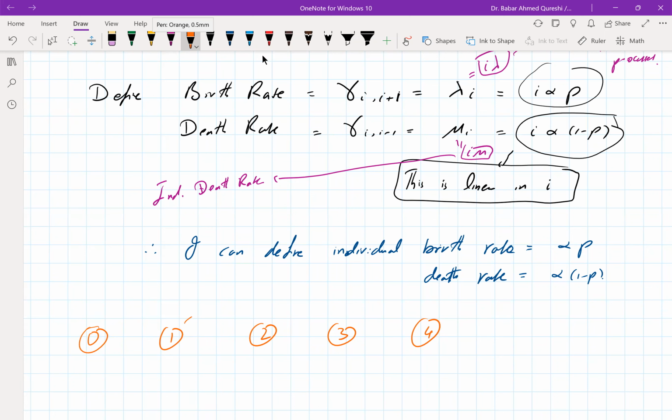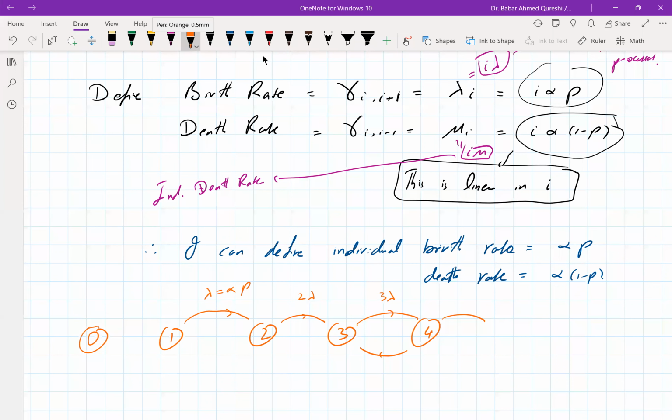If you are at 1, then you have a lambda, which is equal to alpha p. This is 2 lambda. This is 3 lambda. And this lambda alpha p is for this process, but in general, if you have this linear kind of process, then you have lambda, 2 lambda, 3 lambda, and so on.